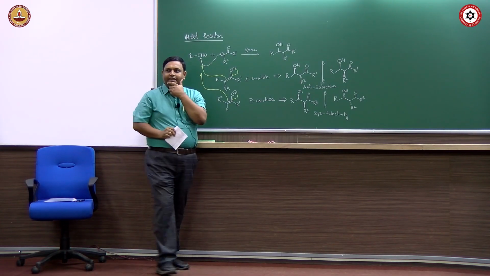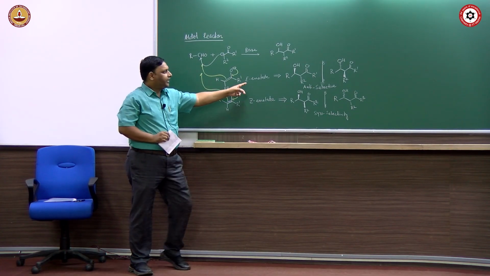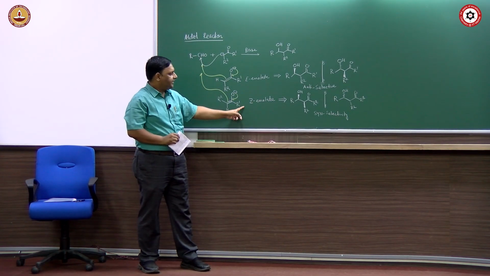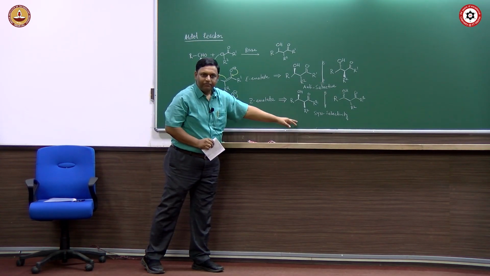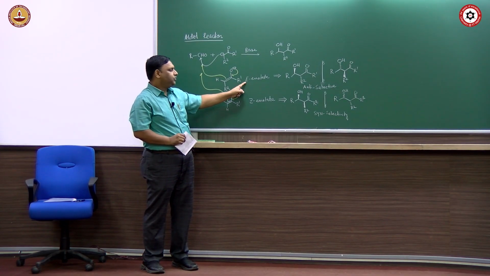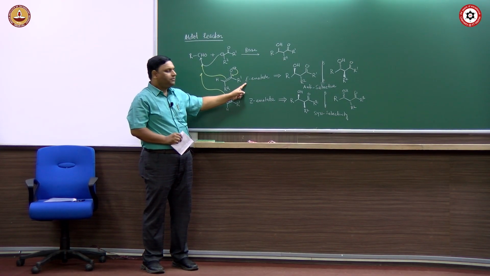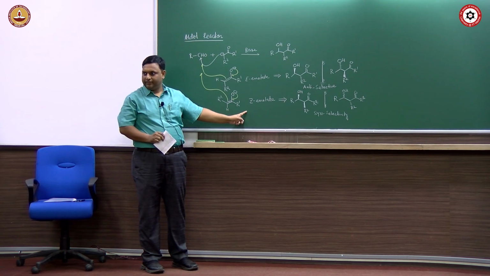Now, one thing is very clear: if you have the E enolate, you can get the anti, and if you have Z, you get a syn. To get one of the selectivities, we have to figure out how we get an exclusively E enolate as well as an exclusively Z enolate.